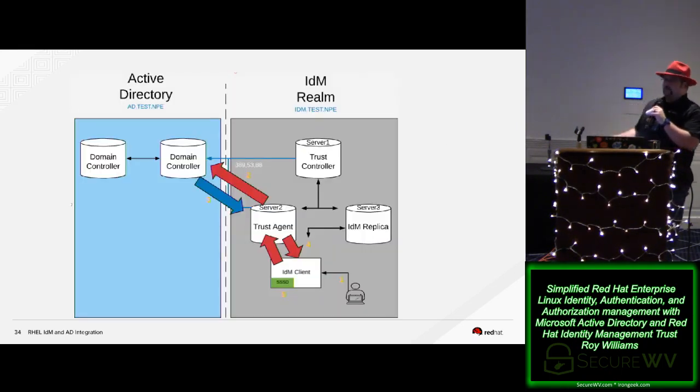All right, so to the authentication walkthrough now. So we have our user that's come in from their Windows laptop. They already have a valid Kerberos ticket. They log into the IDM client, and that sends out a request to the trust agent, which goes over to the AD domain controller, where we verify the Kerberos ticket, comes back down through, checks for host-based access control rules, sudo policies, whatever they're trying to do, makes sure everything's valid, and then the authentication is successful.